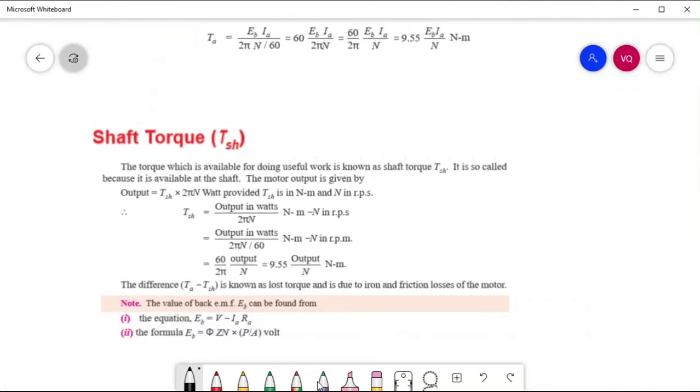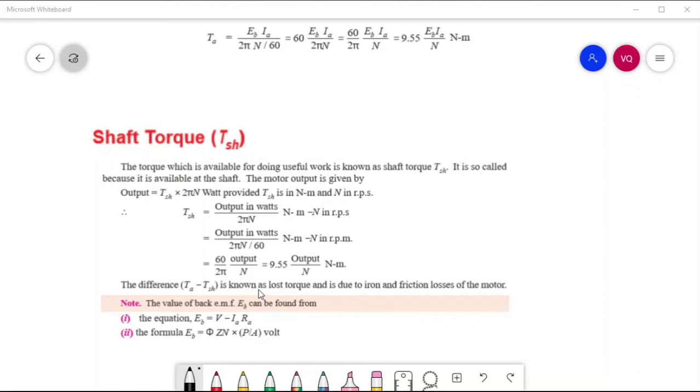The TSH. The whole of the armature torque, as calculated above, is not available for doing useful work because a certain percentage of it is required for supplying iron and friction losses in the motor. The torque which is available for doing useful work is known as the shaft torque.